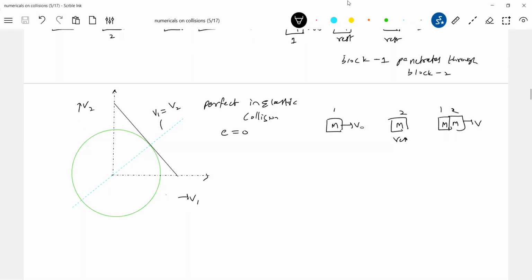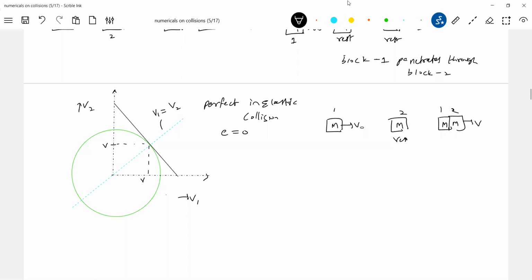Both should have common velocity, and this value should be equal to v. After collision, what do we expect the value? The velocity of both the objects, how much should it be equal to?